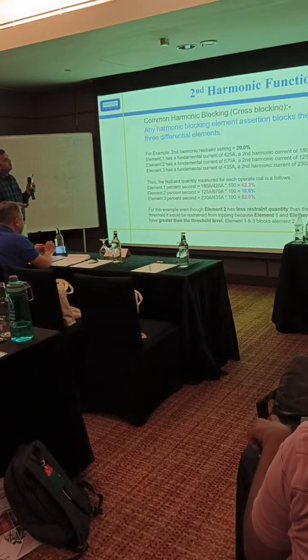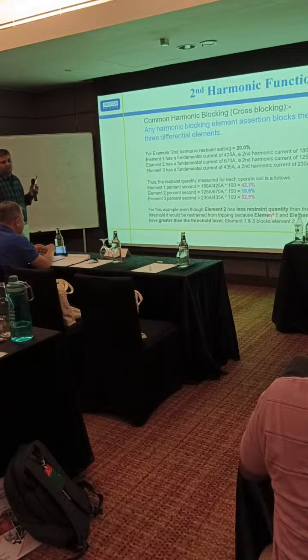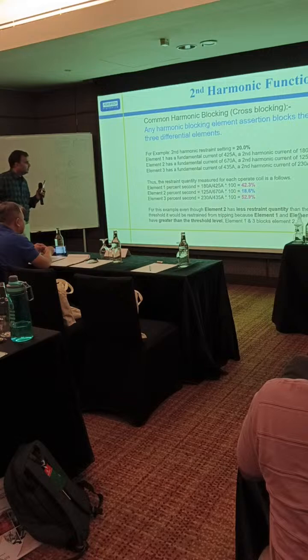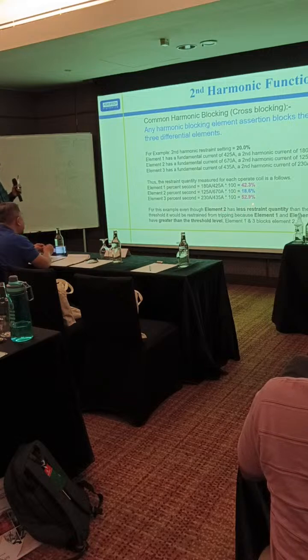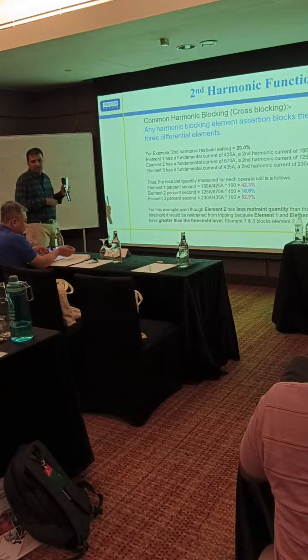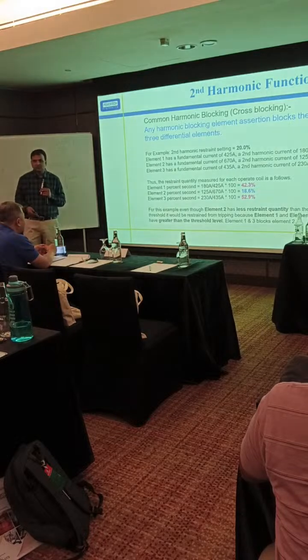But in cross blocking, all three should agree, then only trip. If any phase has harmonic blocking, then it will not trip. Okay. So in this example, the same condition is there. In one case, the relay tripped. In other case, relay do not trip.